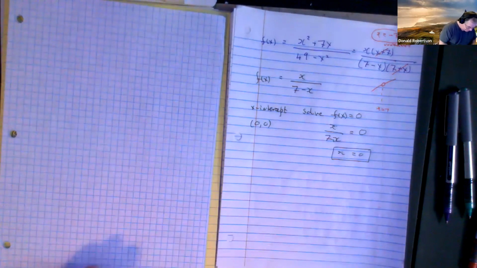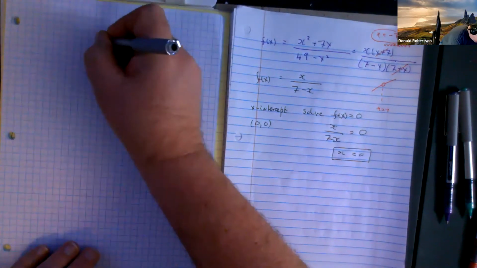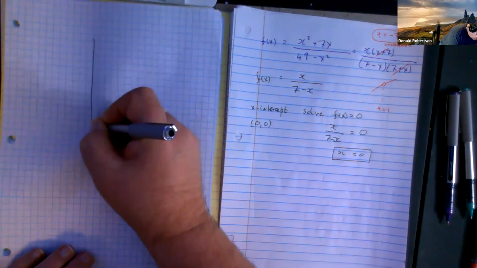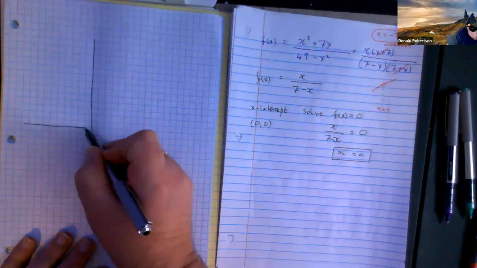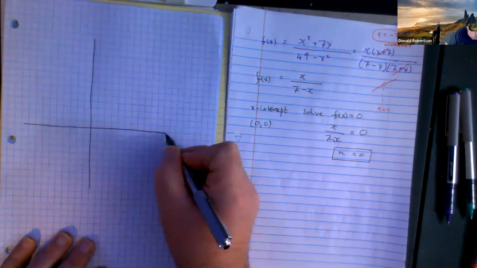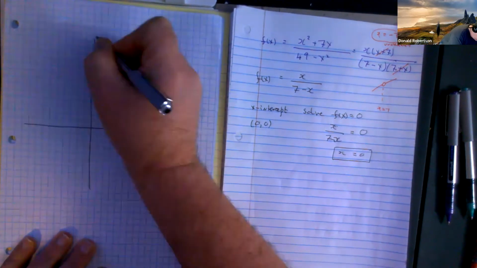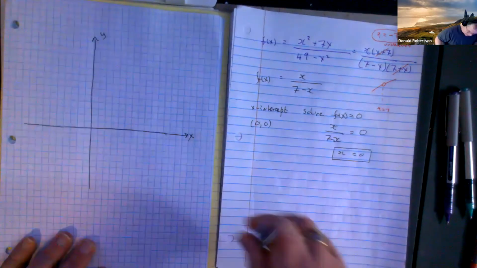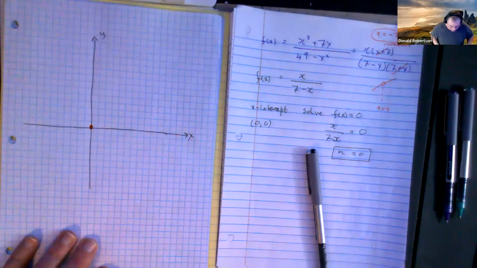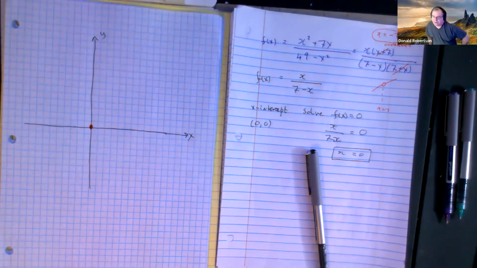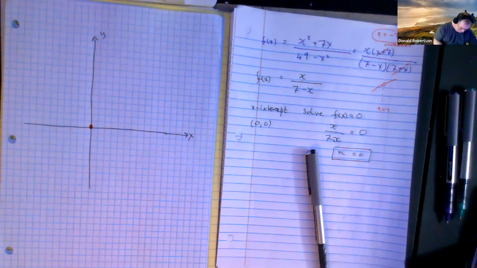It's at the origin. So I'll put my little guy here. And it has an x-intercept at the origin. Wouldn't also that be the y-intercept? Because there's only going to be one y-intercept, so it's the origin as well.